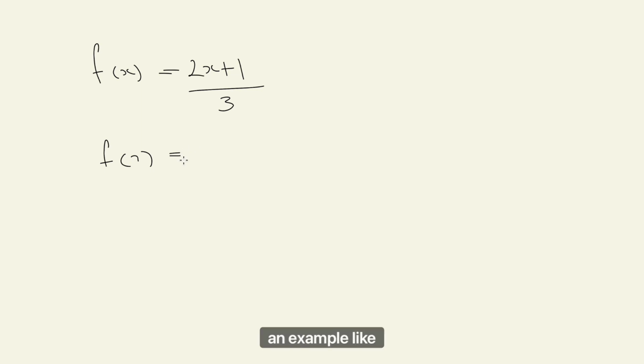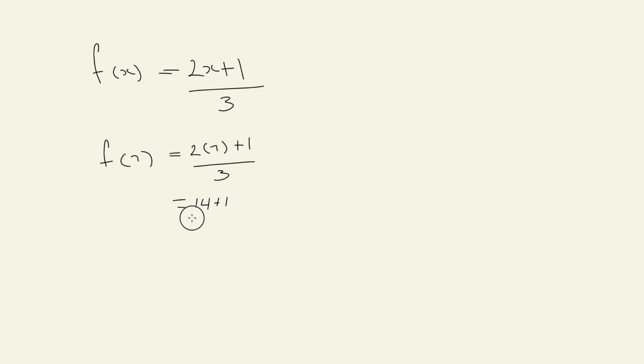When looking at an example like this, the first thing that you have to realize is it is simple substitution. Wherever you have x in the equation, just put 7. Two times 7, that's 14, plus 1 divided by 3.